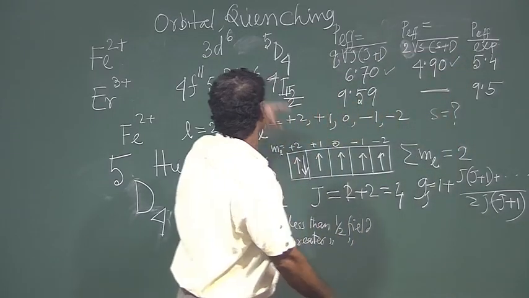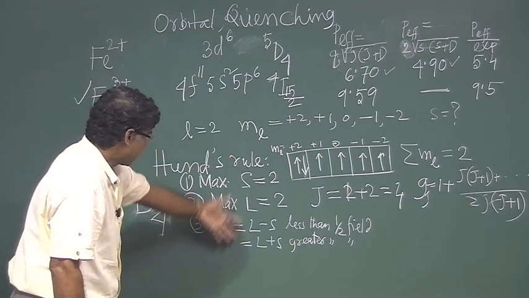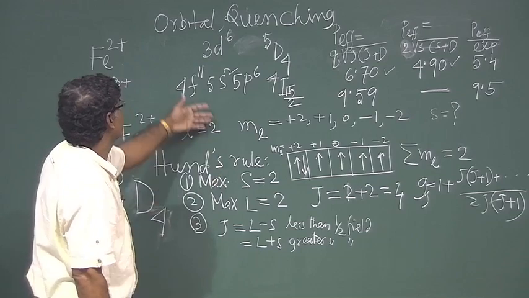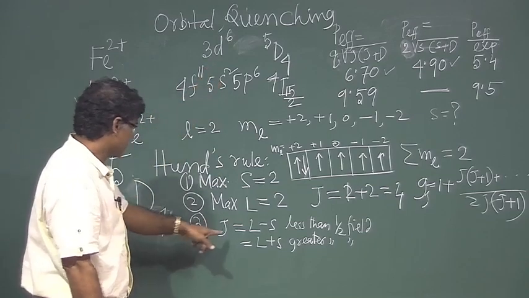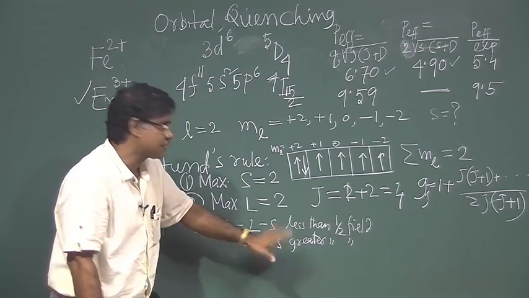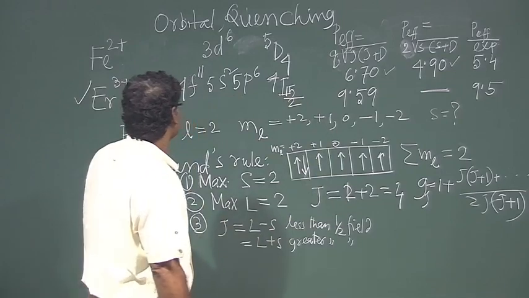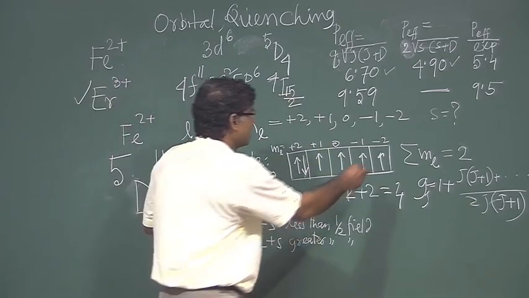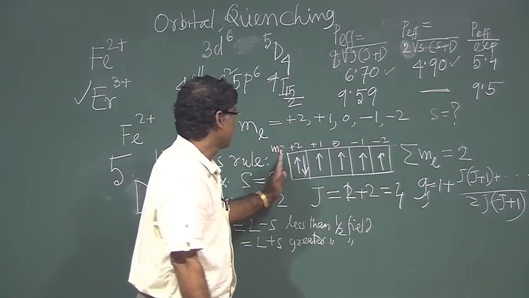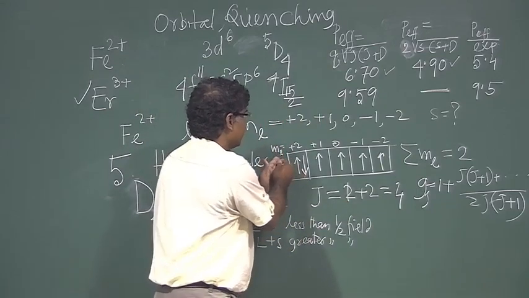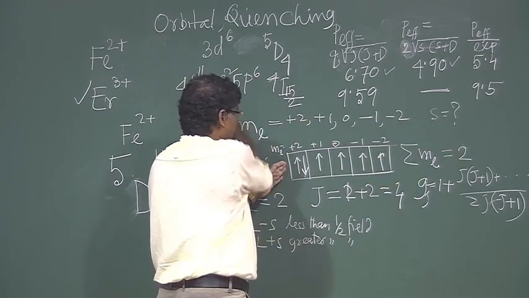And for this erbium, you should do the same way I have done. F11 follows J equal to L plus S. For F, it can take 14 electrons, so half is 7. You put 7, so ml will be 0 and then you have an additional 4.